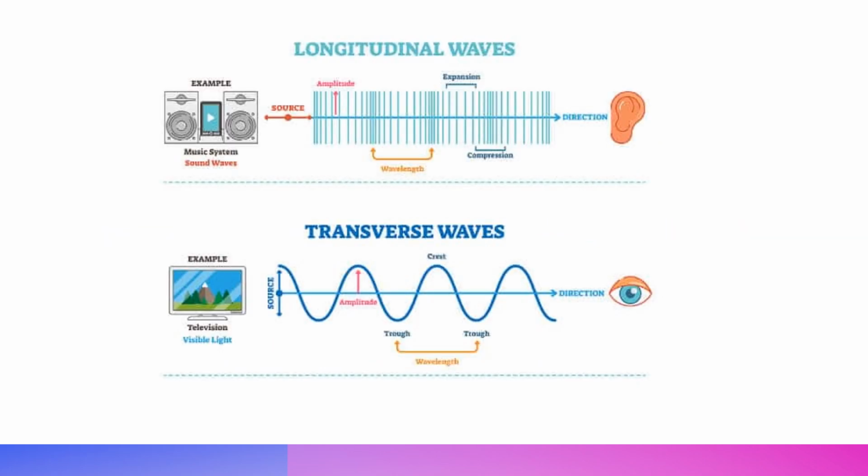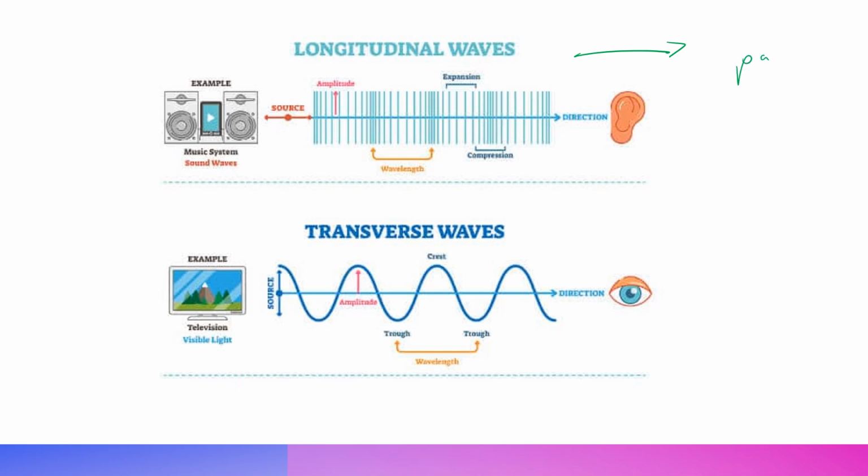Now, we can see two shapes of waves here. And I do apologize. I know that the print is very small here. There's a lot going on. But we have two shapes of waves. We have what's called longitudinal and we have transverse. Now, longitudinal waves are going to move parallel to the direction.